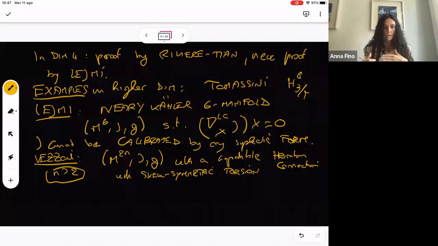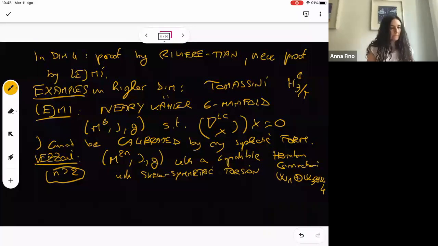In terms of the Gray-Hervella classes, there are four classes, for those who know the theory of almost Hermitian geometry, and here the class W2 is 0, so you have only the classes W1, W3 and W4. What Luigi Vezzoni showed is that in this case, J cannot be calibrated by any symplectic form.